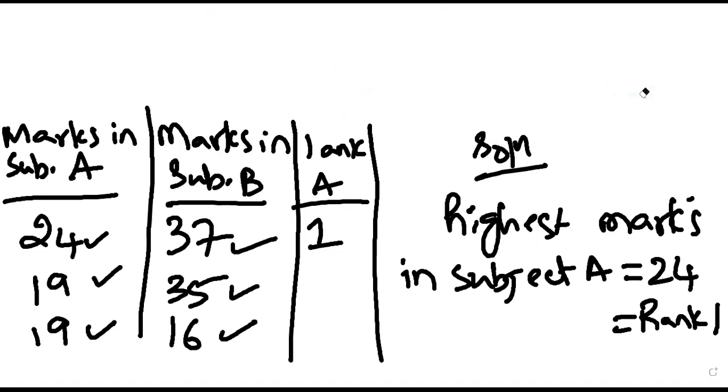Or else you just make a note of this. One minute time, then we'll go ahead. Yes, those who are making note of it, you can just make note of it. Highest marks in subject A is 24. That is the reason it is rank 1. Okay.